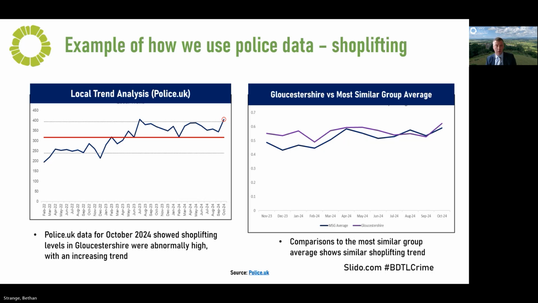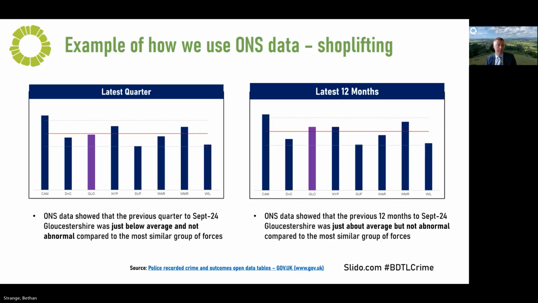So if we go to the next slide, we can see how we are comparing with our most similar group of forces. So we're just below and not abnormal compared to forces for the latest quarter. That would indicate that if we were just looking at a snapshot of figures, we might think we don't have a problem and we don't need to worry about it.